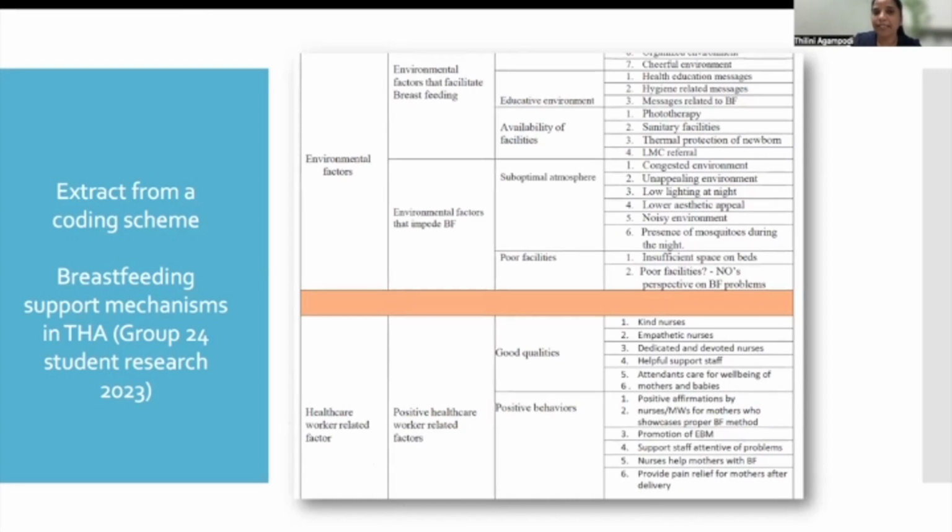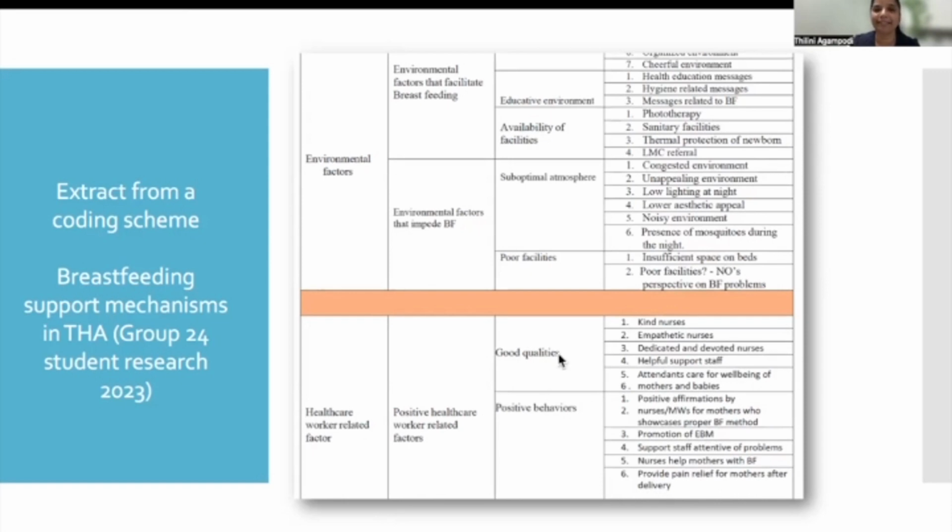sub-themes like qualities, behaviors, dedication, and you can categorize these sub-themes into major themes. So there are positive themes and negative themes, and the major theme is healthcare worker related supportive mechanisms.